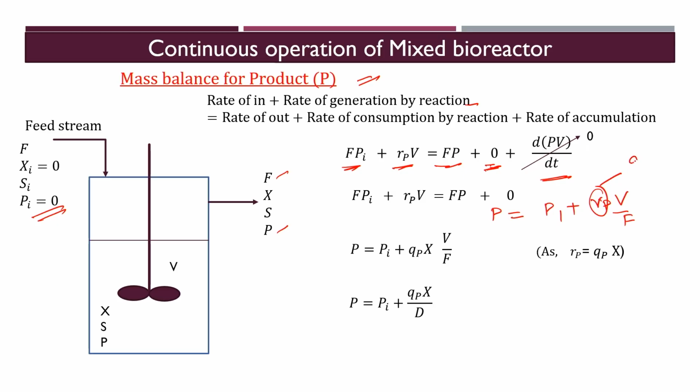Rp equals Qp into x, if you remember. So, Rp, rate of product formation, is specific product formation rate into x. So, Qp x into V. So, we are ending up with P as Pi plus Qp x upon D.